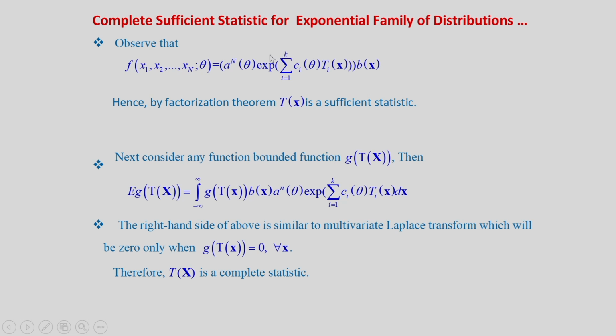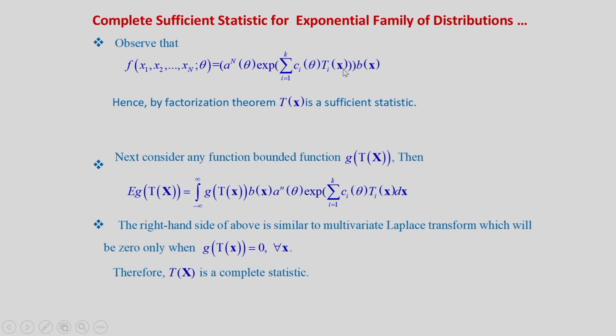So, we can express the joint PDF as a product of two factors. One factor is independent of any parameters, it is simply a function of x, and the other factor is a function of the parameter and the statistic. So, therefore, by the factorization theorem T(x) is a sufficient statistic.